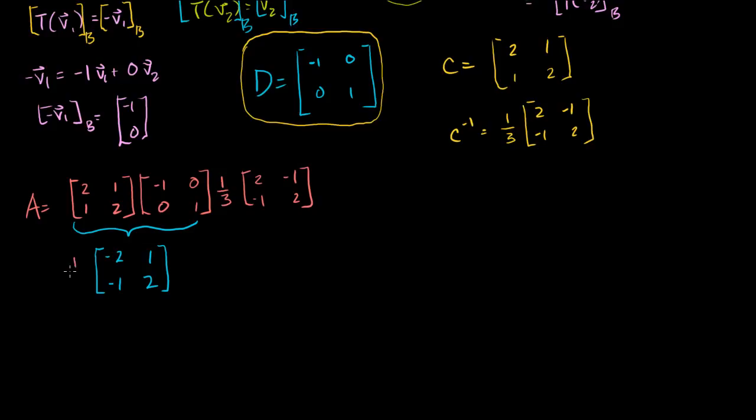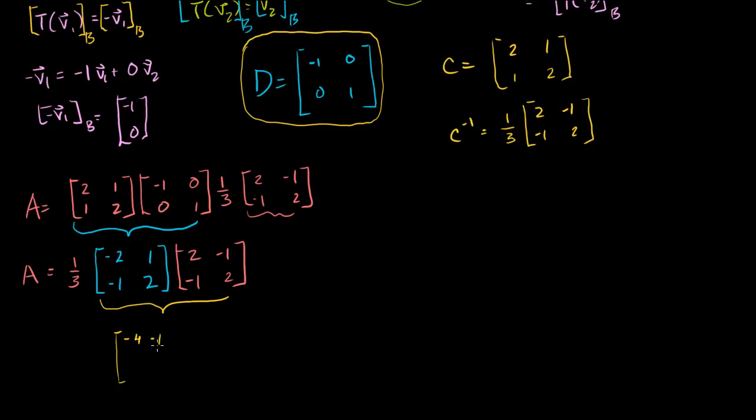And now we're going to have to multiply this times this guy over here. Let me put the 1/3 out front so we can worry about that later. And then let me multiply times 2, -1, -1, 2. And all of this is going to be equal to A. So this is going to be another 2 by 2 matrix. And so we get -2 times 2, which is -4. Let me write it out so I don't make careless mistakes. -4, -2 times 2, plus 1 times -1.